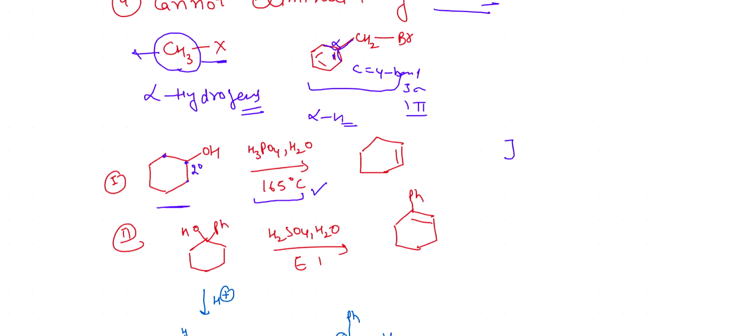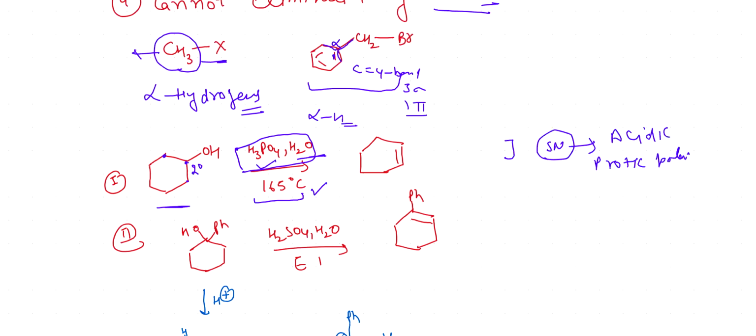So this is the first factor we use in deciding whether it is an elimination or substitution reaction. Another one is the solvent we have been using, water and H3PO4. So providing an acidic environment means we have been using a protic polar solvent.